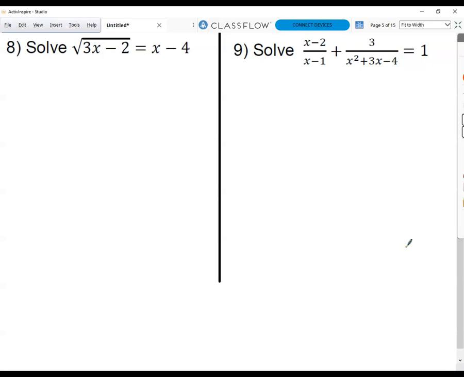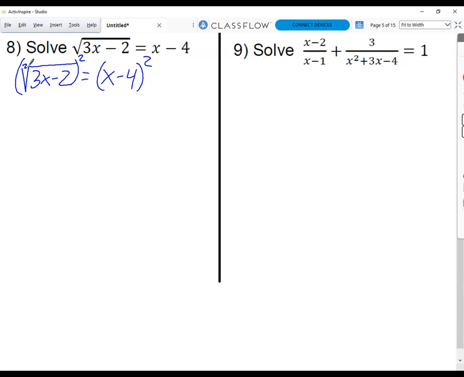So starting with one of them, number 8, the square root of 3x minus 2 equals x minus 4. And I picked this problem purposely because it was one that a lot of people got wrong on the quiz. So the first thing you want to do is to square both sides of the equation.